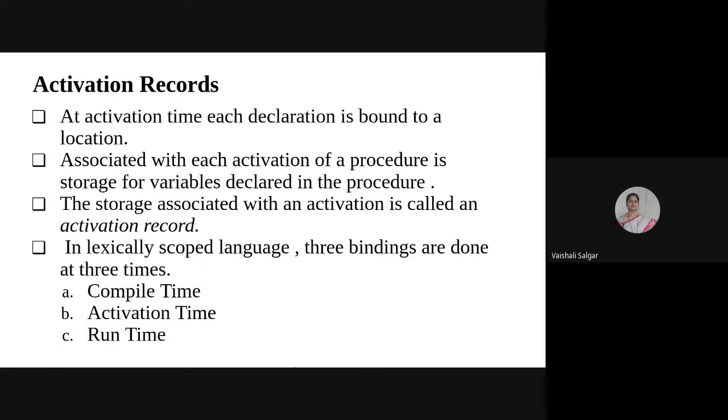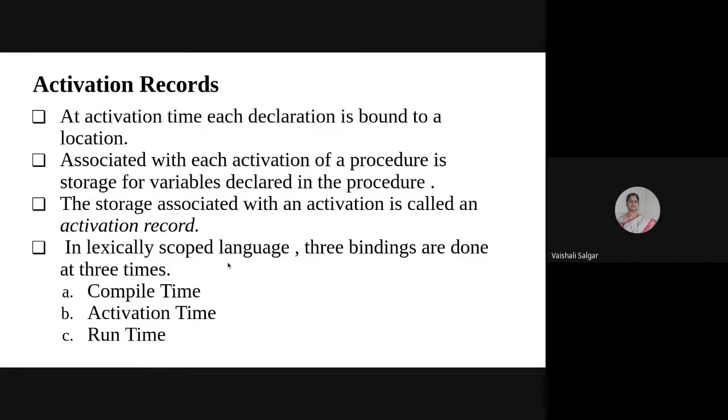In order to store the details about the variables of the caller, the state of the caller will be stored in the memory. If you remember, we talked about caller and callee. That storage, where all the information related to temporary variables, actual parameters, and formal parameters is kept, is referred to as an activation record.